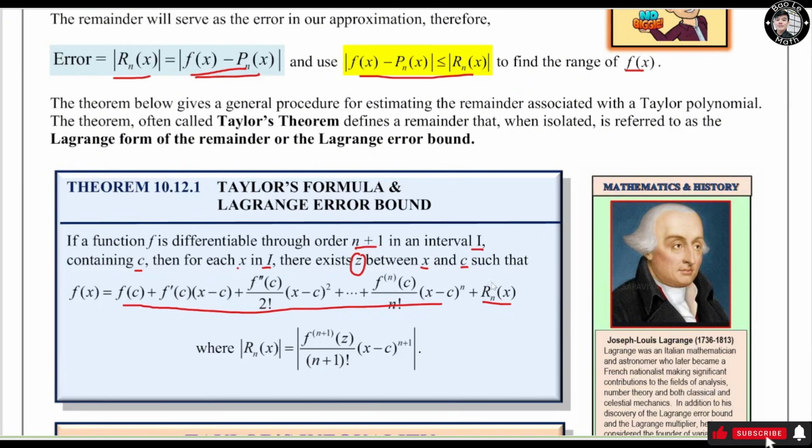The remainder is the term after this one, which means it's going to be the n plus 1 derivative evaluated at z, where z is between x and c. We're going to take a look at an example later to understand z. Over this is the next term, n plus 1 factorial, and the power is n plus 1.